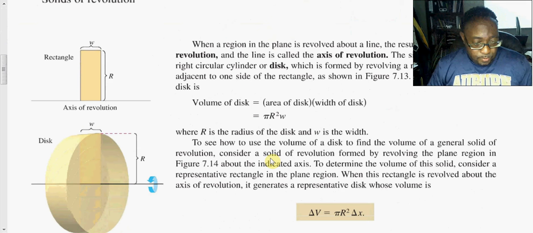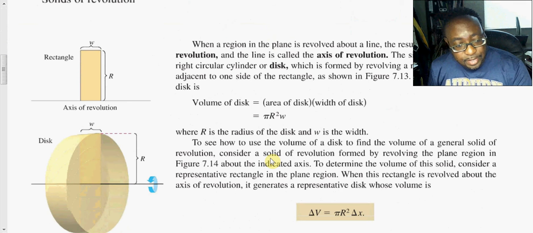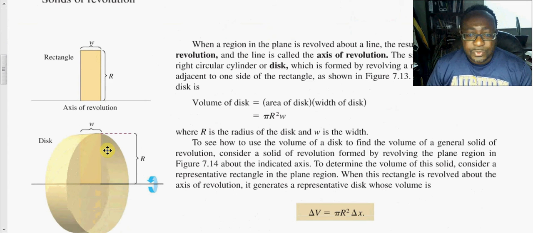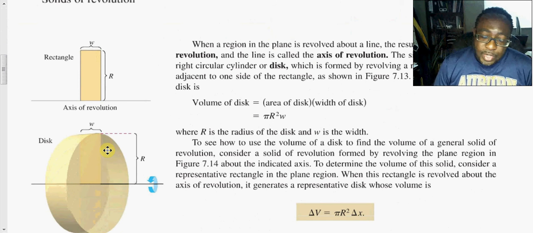So here's an example of a disk that's being rotated on some axis. So we calculate the thickness of the disk, and we get that from this rectangle, this rectangular slice. That gives us the height of it, gives us the radius. So we'll need that radius squared times the width.